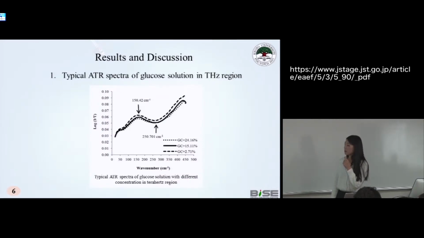The previous study showed this peak is associated with water, and the increase of the glucose concentration is followed by the decrease of the absorbance. The reason was that the increase of the glucose is followed by the decrease of the free water in the solution.